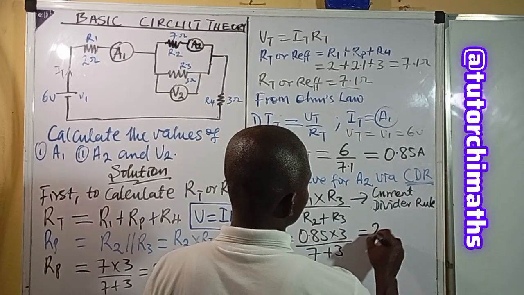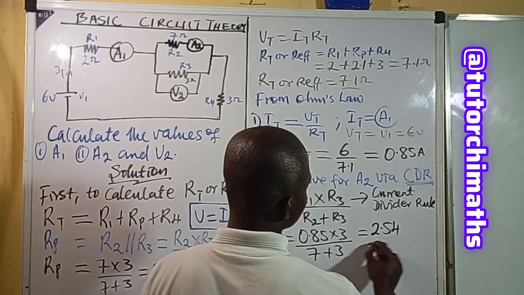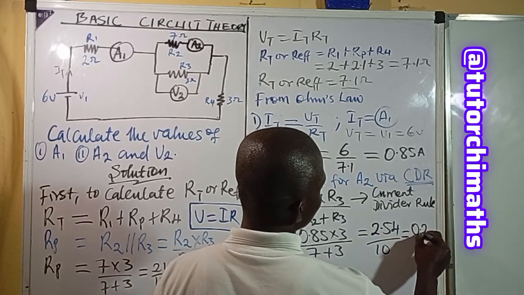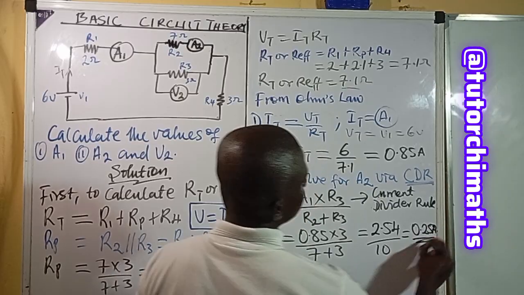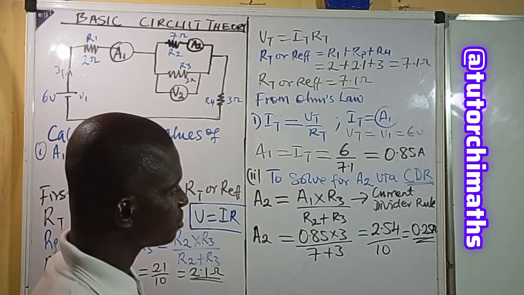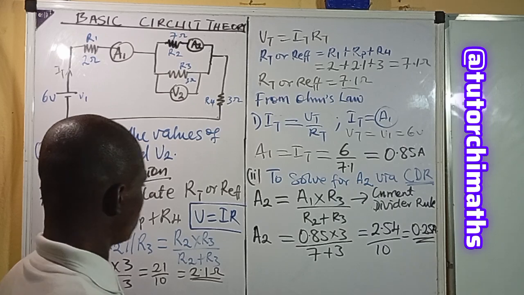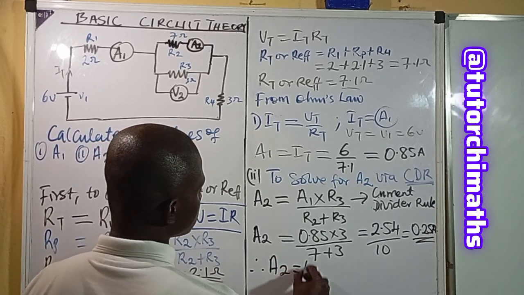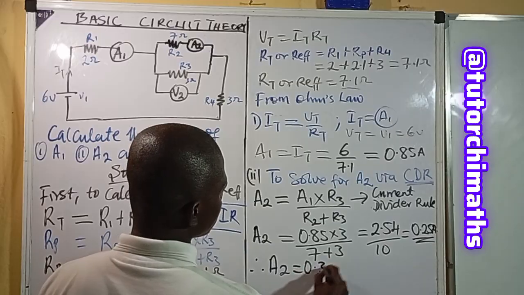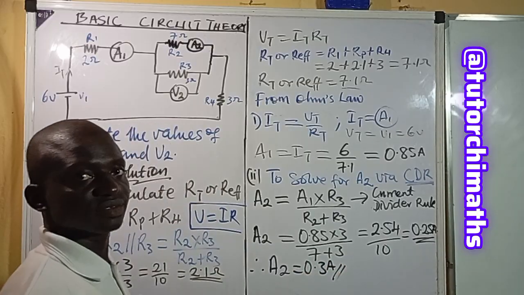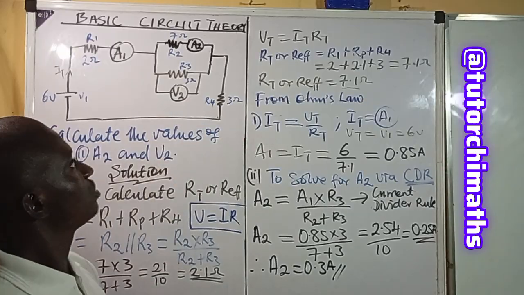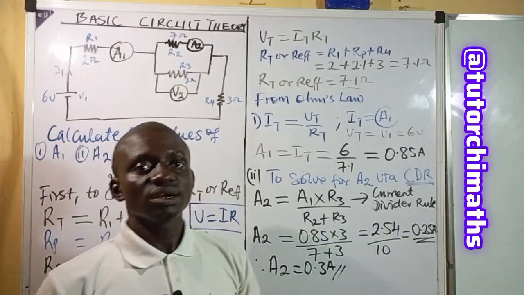You can have here 2.54 divided by 10. This is equal to 0.25 ampere. So I can say therefore A2 is 0.3 ampere approximately.